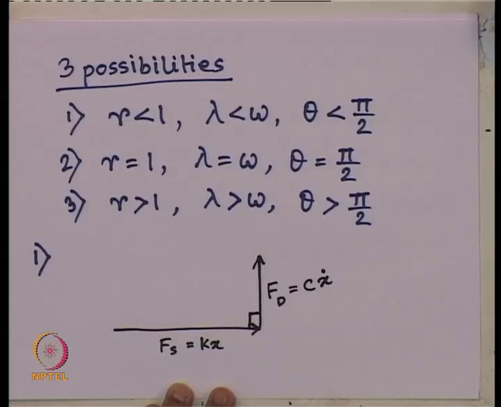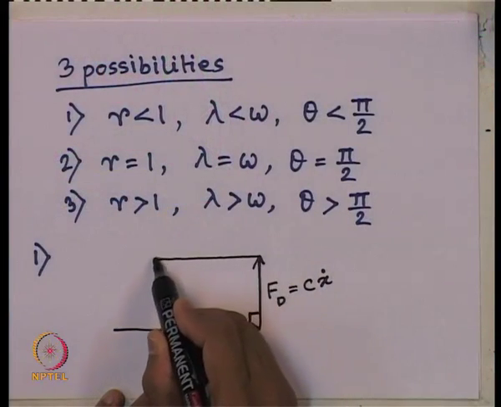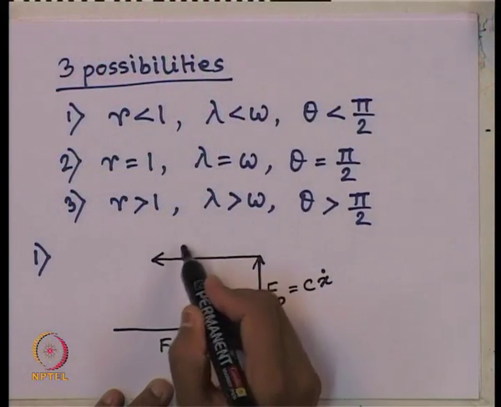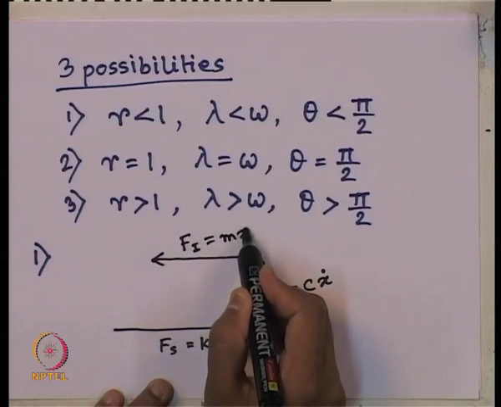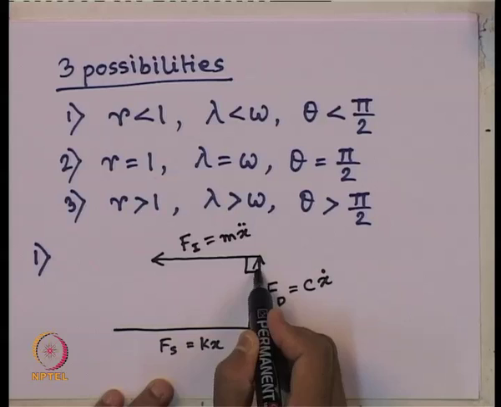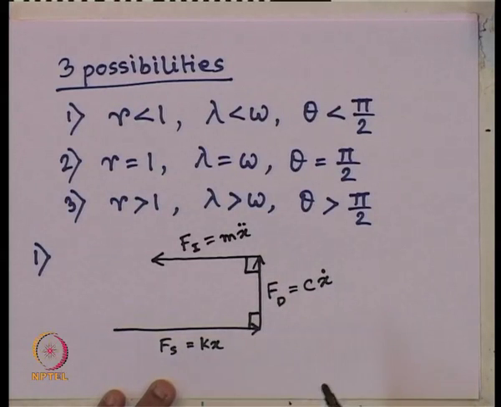Now, let me draw the inertia force F I. Inertia force will be m x double dot. Now, that x double dot acceleration is 180 degree phase with respect to the displacement function. So, this is our F I, which is m x double dot, this is also 90 degree, okay?